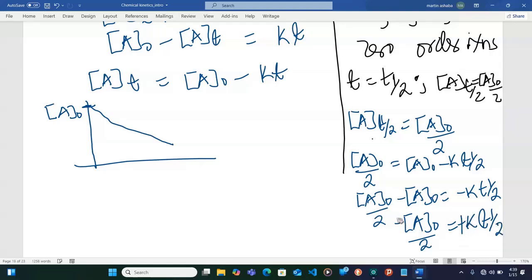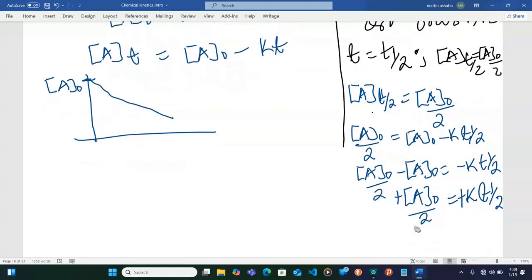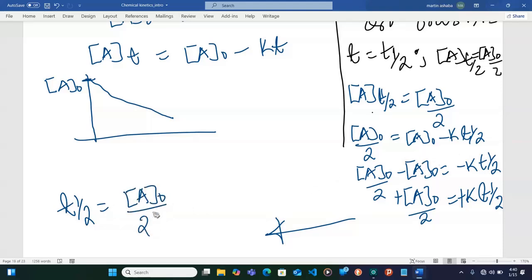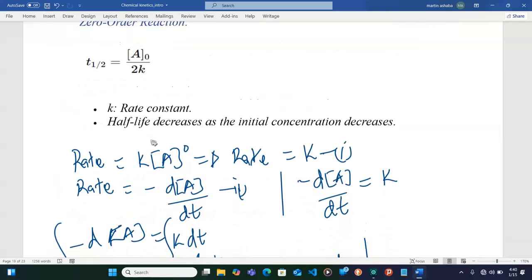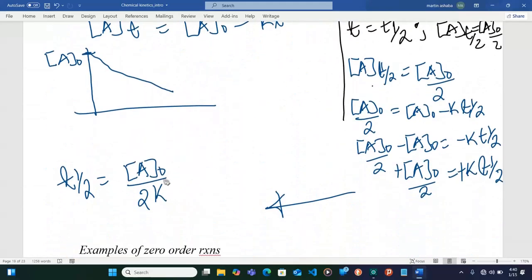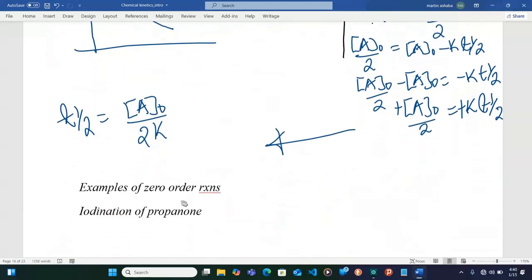So this and that will go away, and what remains is t half equivalent to the initial concentration divided by 2 divided by k. So that's where this expression comes from, and we can use it to calculate for half-life in zero-order reactions.